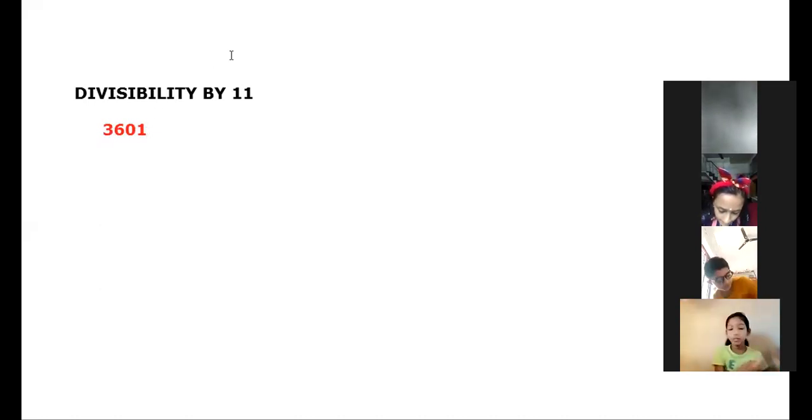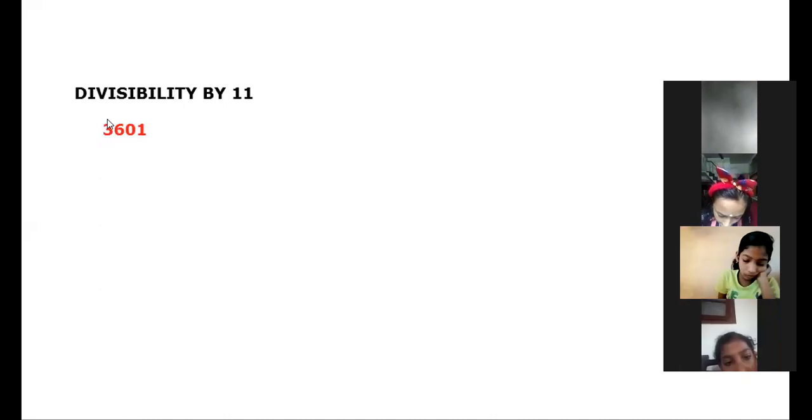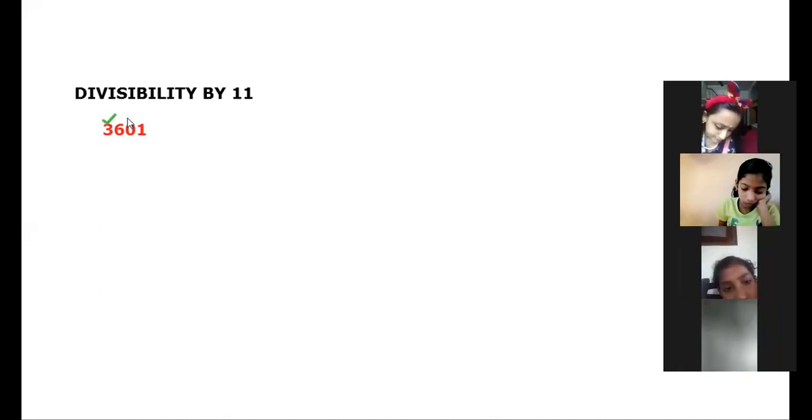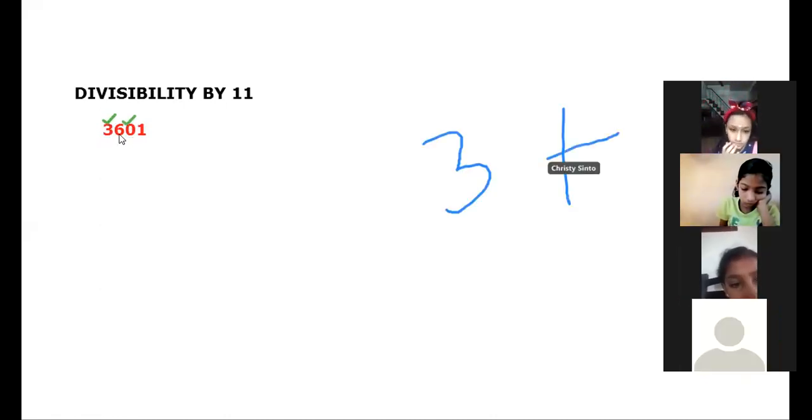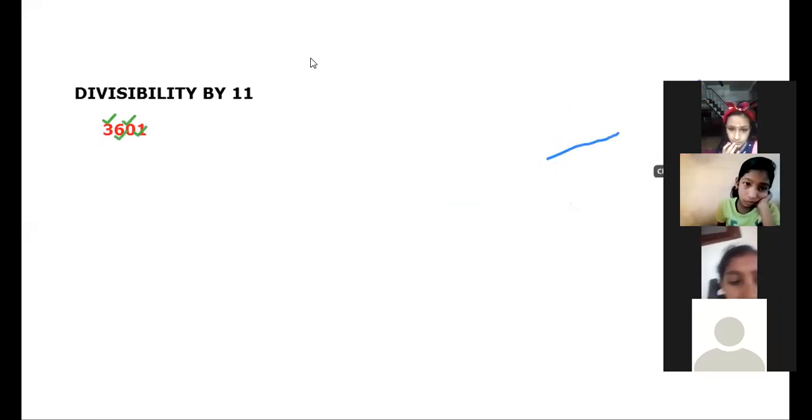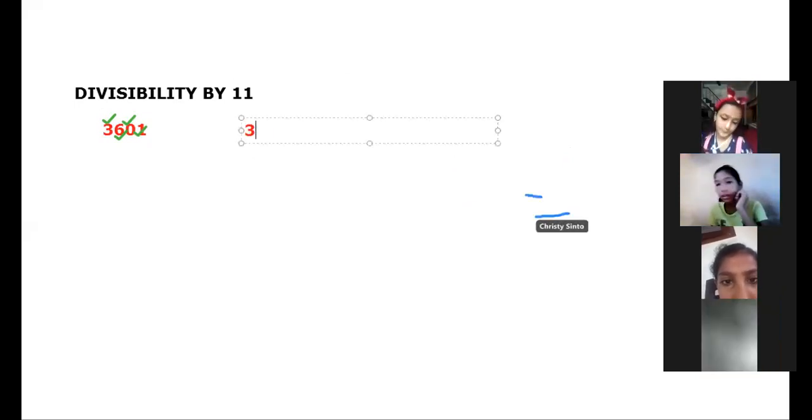First pair is 3 and 0. And second pair is 6 and 1. Then what about the sum of 3 and 0? The sum of 3 and 0 is 3. Then what about the sum of 6 and 1?